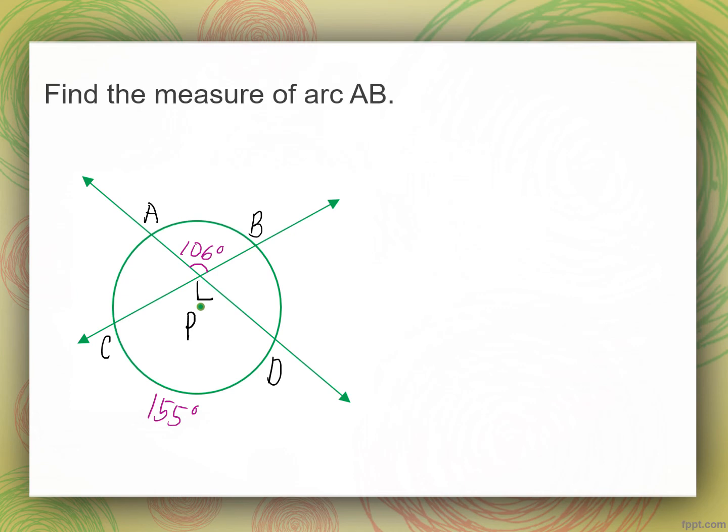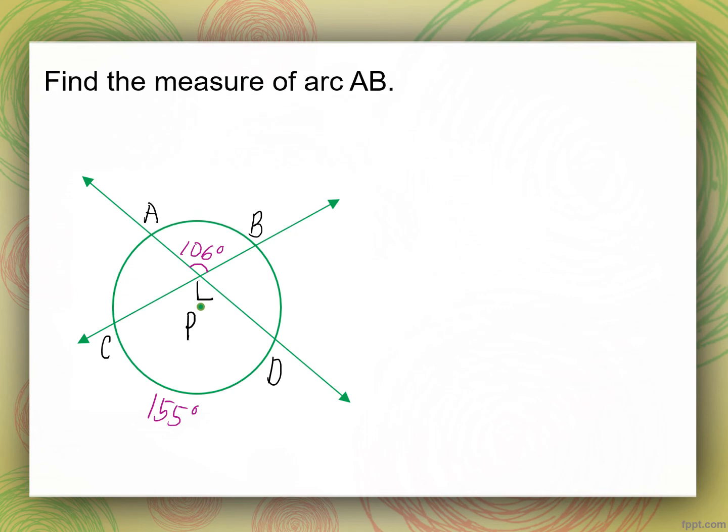Okay, so let's have this one, and we need to find the measure of arc AB. So we are looking for this one here. As you can see, arc AB is the intercepted arc of angle ALB. So we are going to use the concept we just learned about secants meeting at the interior of a circle.